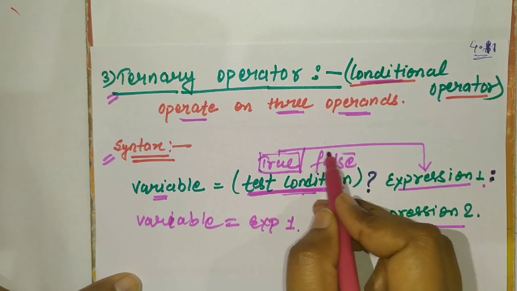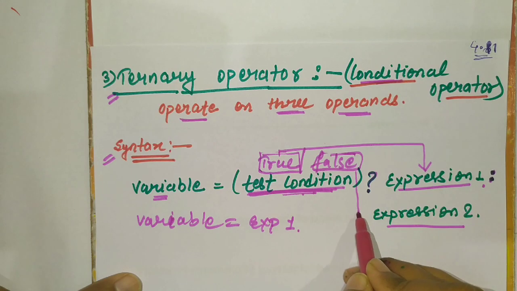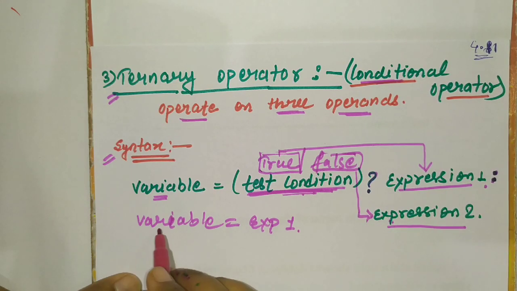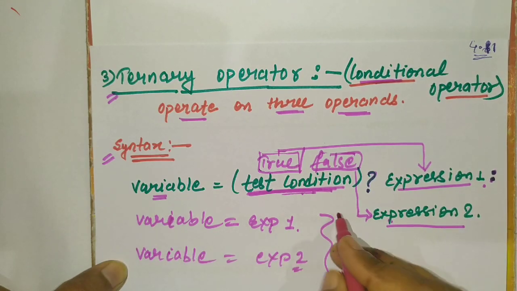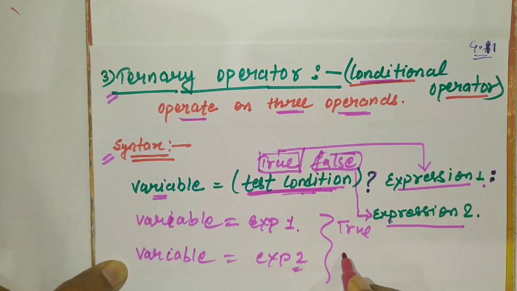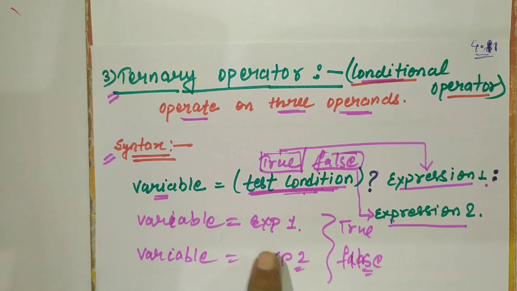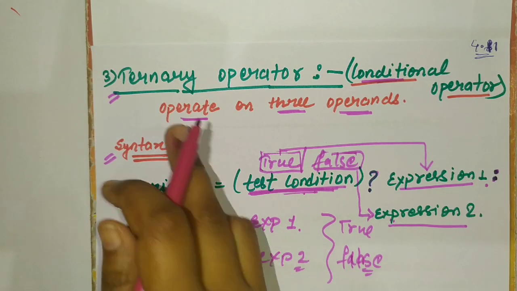If the condition is false, it goes to the second expression, so the variable is expression 2. This is the true condition and this is the false condition. This is the syntax of the ternary operator.